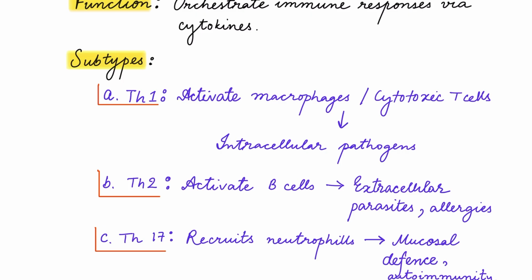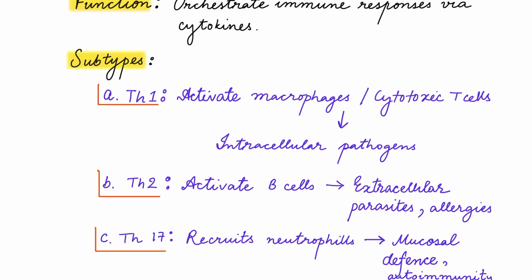So, helper T cells can further differentiate into several subtypes, including Th1, Th2, and Th17 cells. Th1 cells secrete interferon gamma or IFN gamma, which activates macrophages and cytotoxic T cells to destroy intracellular pathogens such as viruses and certain bacteria.